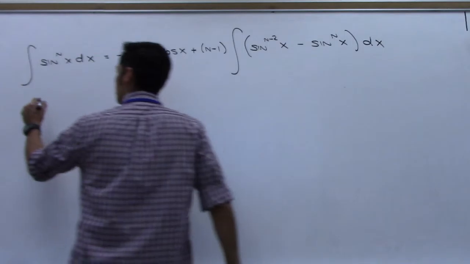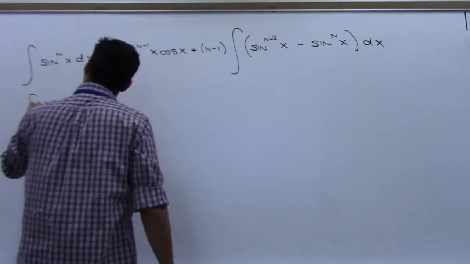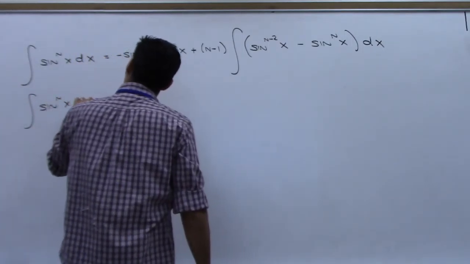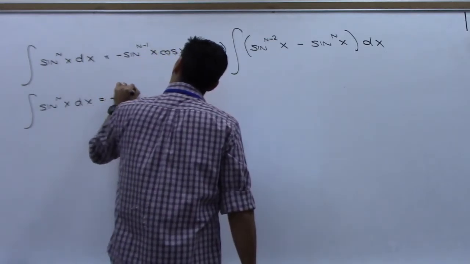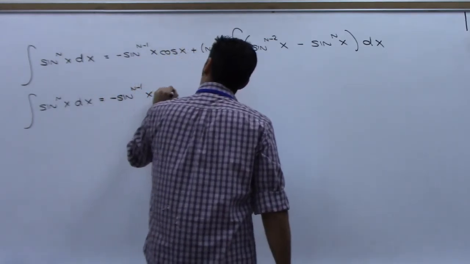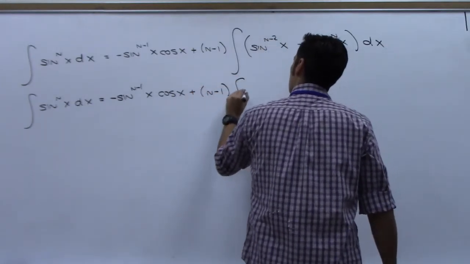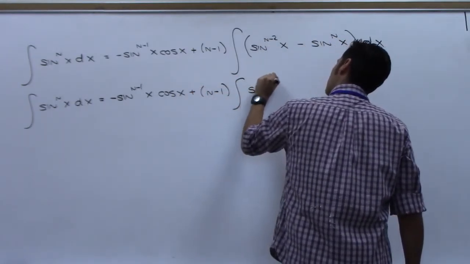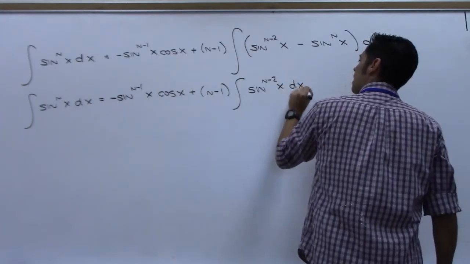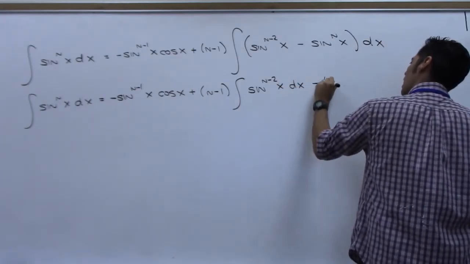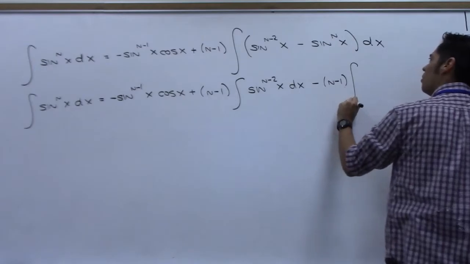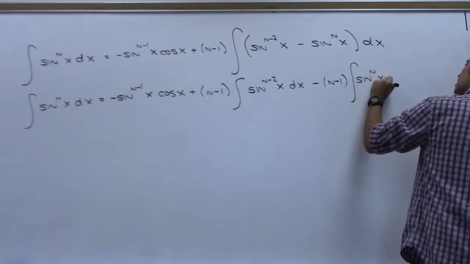So watch. Integral sine to the n x dx equals negative sine to the n minus 1 x cosine x plus n minus 1 integral sine to the n minus 2 x dx minus n minus 1 integral sine to the n x dx.